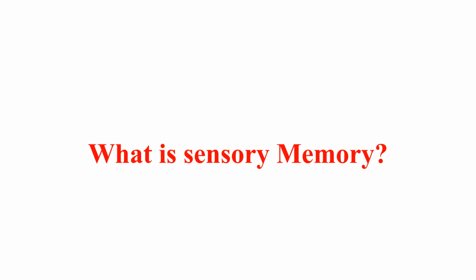These senses are generating or producing the stimuli. What is sensory memory? The sensory memory is acting as a buffer. It is simply acting as a buffer for stimuli which are received by the senses, as simple as that. So sensory memory is acting like a buffer for stimuli that have been received from the senses of the human.